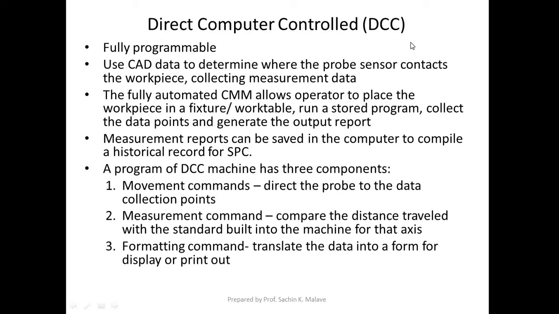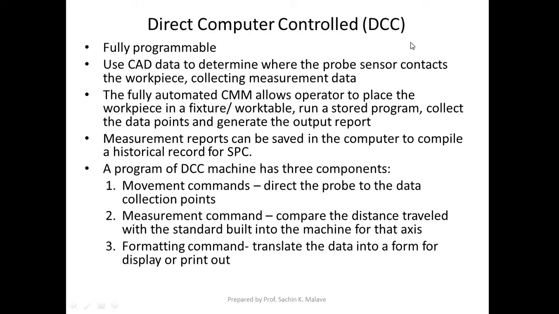So this is the most advanced CMM, where almost all the activities are carried out automatically by the computer. The only work left with the operator is to load and unload the component, and to run a program.